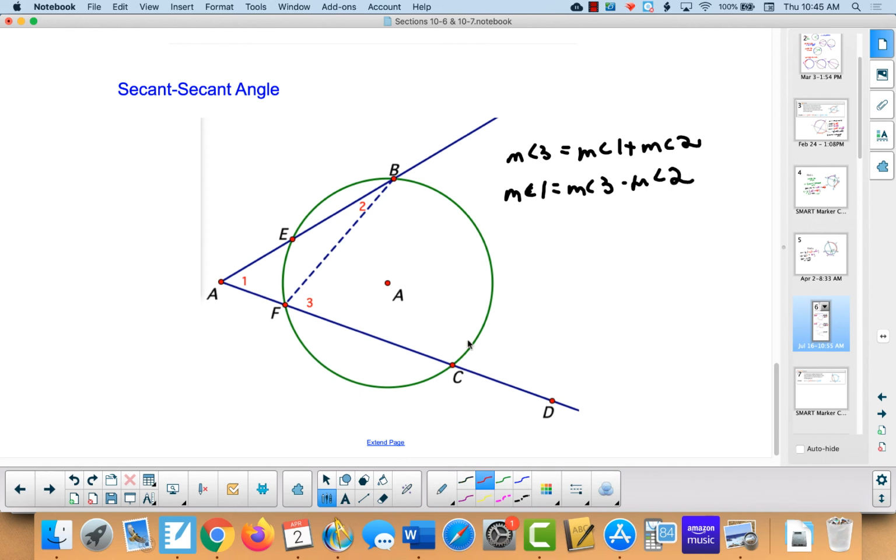The measure of angle 2 is equal to 1/2 its intercepted arc because it's an inscribed angle. The measure of angle 3 is equal to 1/2 the measure of its intercepted arc because it's an inscribed angle.